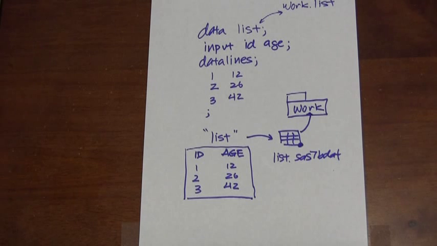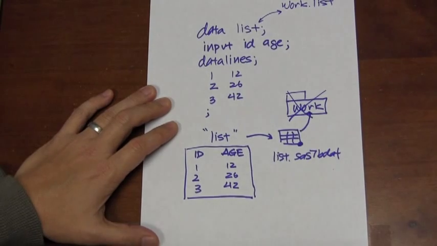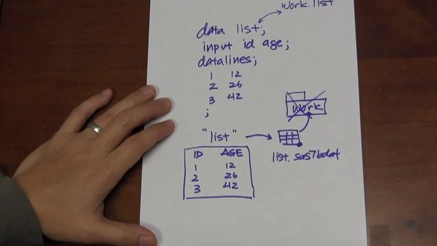But the only problem with that is if we were to shut down our SAS program and shut down the computer, that work directory will be completely empty and that'll be lost. So that's why this is a temporary data set. And it'd be nice if we'd be able to not have this put into a folder that's going to be emptied every time SAS is closed, but to put it somewhere more permanent.